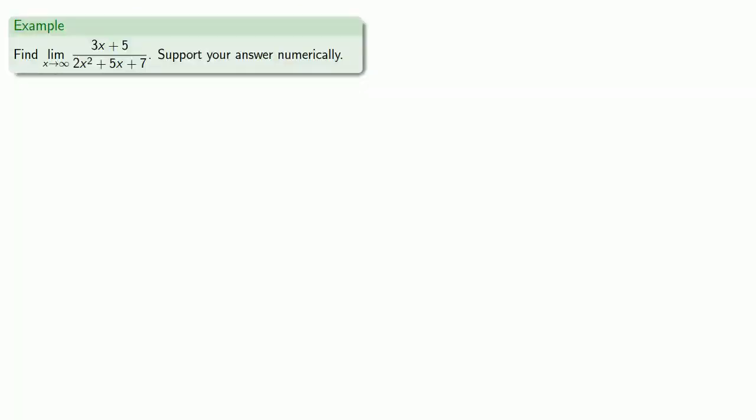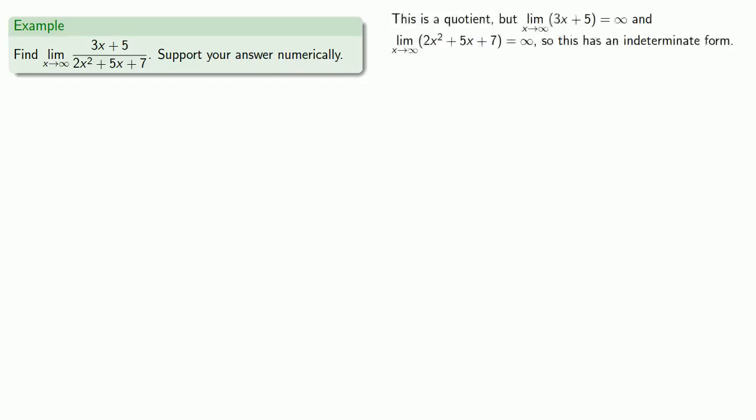So let's try and find the limit of a rational function. Since it's a quotient, we can find the limits individually. However, both numerator and denominator do have a limit of infinity, so this is an indeterminate form. Now, if we could somehow change this so our denominator has a non-zero limit, we can find the limit of the quotient.